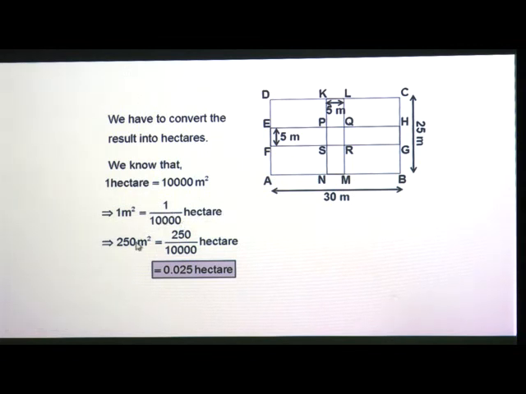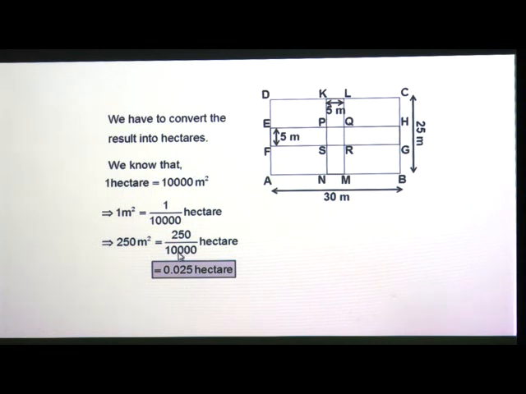Now, the area we got is 250 meter square, which is equal to 250 upon 10,000, because they told us to convert into hectares. So, you now know where to put the decimal point.